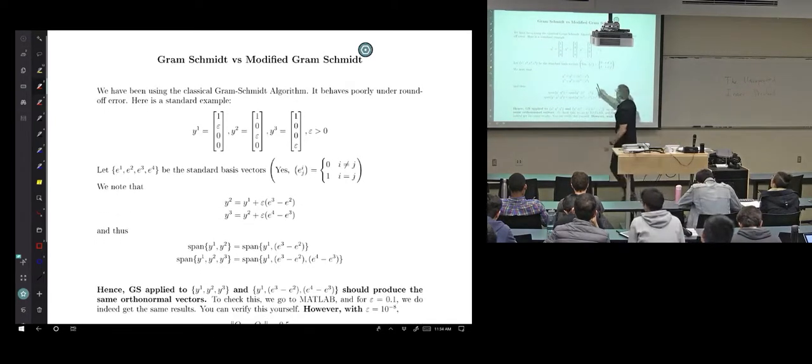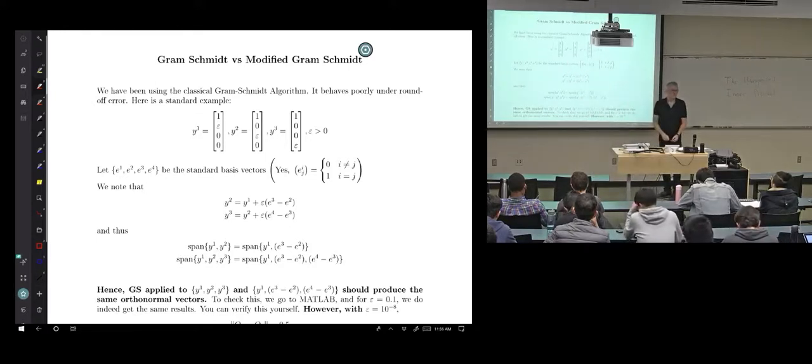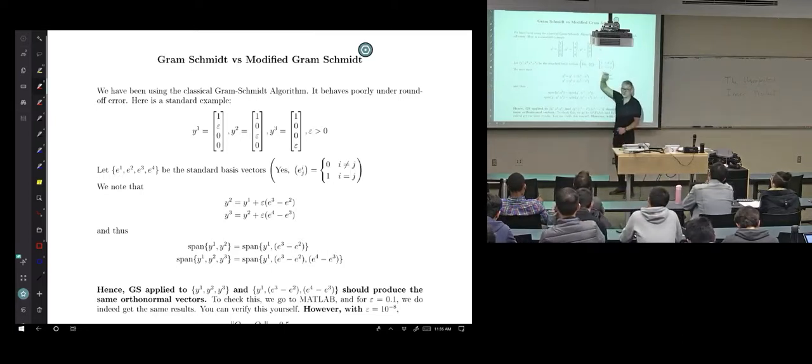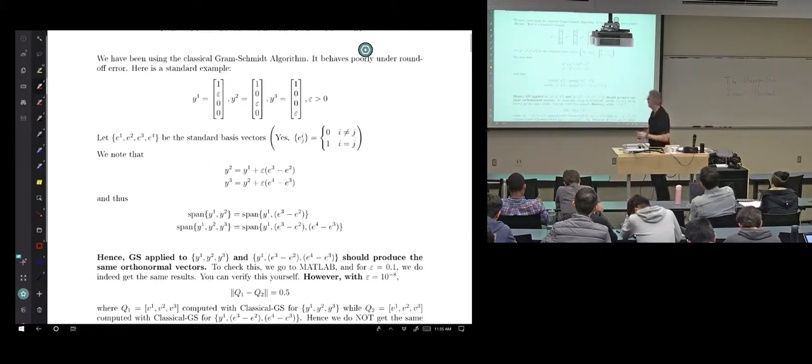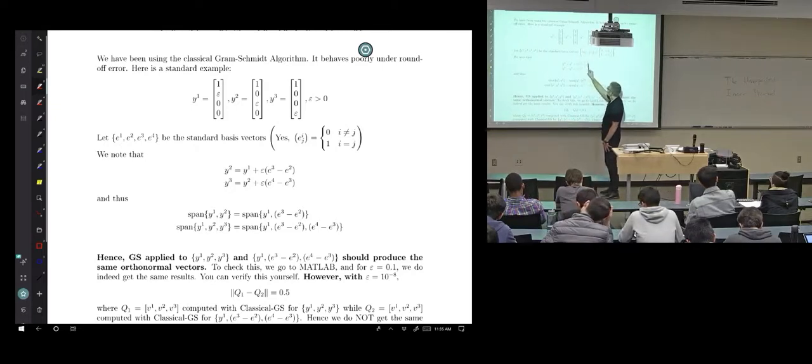So I'm going to take three vectors that are nearly linearly dependent when epsilon is small, right? When epsilon goes to 0, it's 1, 0, 0, 0. They're linearly independent for every epsilon positive or non-zero, in fact, okay? So what I'm just going to do is rewrite these using the standard unit bases for R4. So y2 is really y1 plus this, and y3 is y2 plus this.